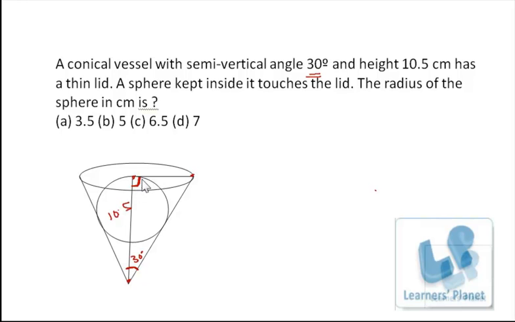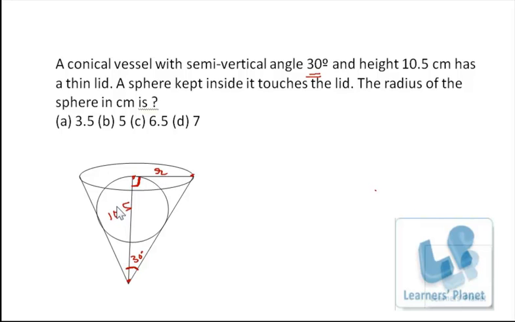Now using these two, we can find out the radius and the hypotenuse of this right angle triangle, right? And the perpendicular of this triangle is nothing but the radius of this cone.